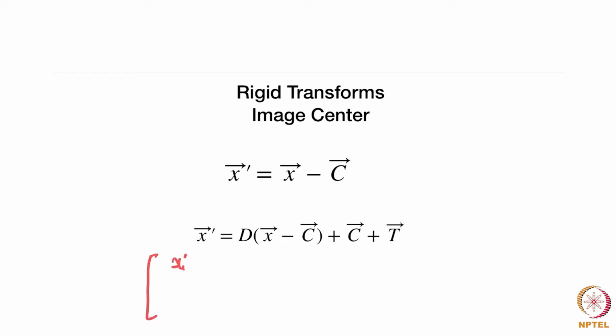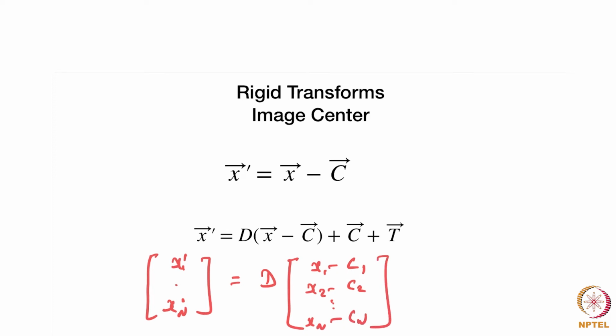Across the dimensions of the image, you have your scaling, but you apply it after you move, plus, and then on top of that you can also have the translations.